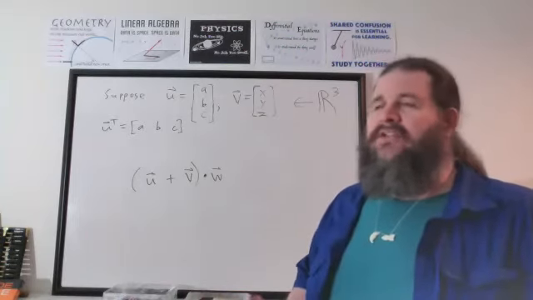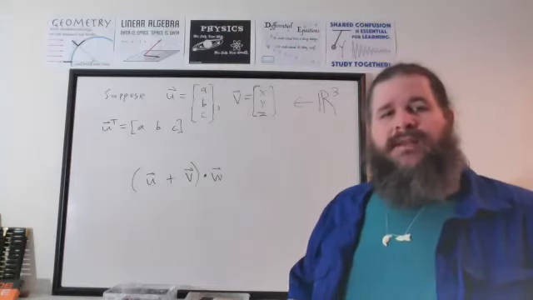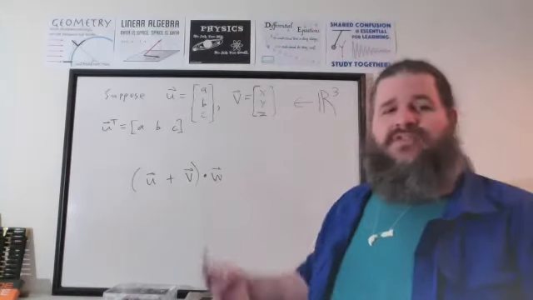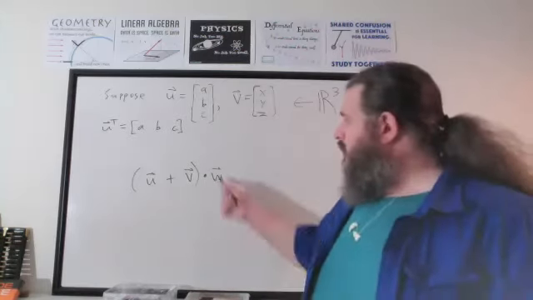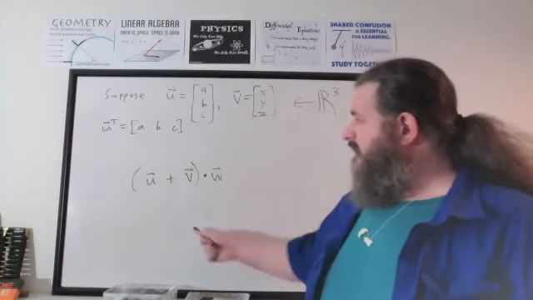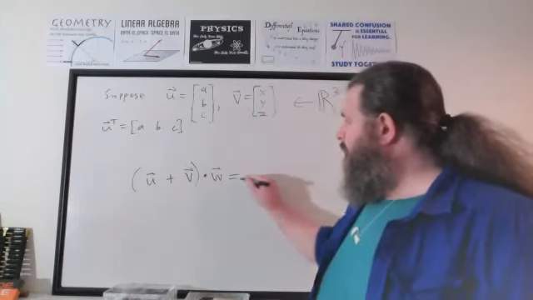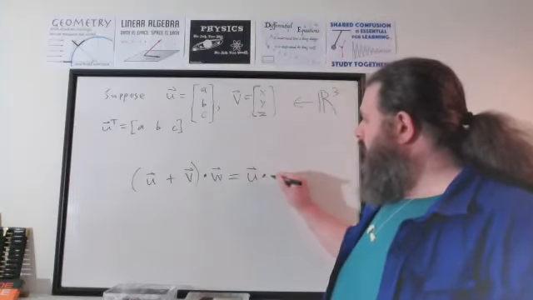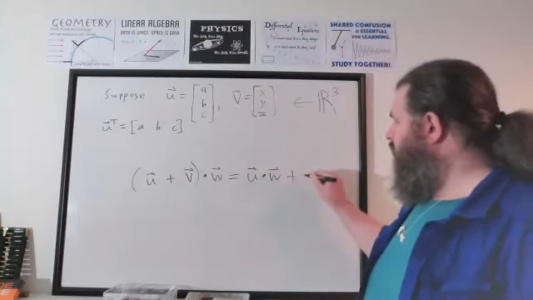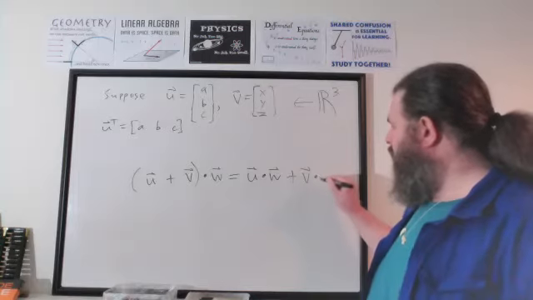Or sorry, not commutative. Actually, it is commutative. But the important thing is, in this case, dot product distributes over addition. So you can take the dot W applied to both the U and the V. So you get U dot W plus V dot W.